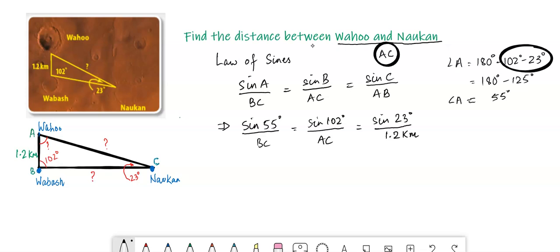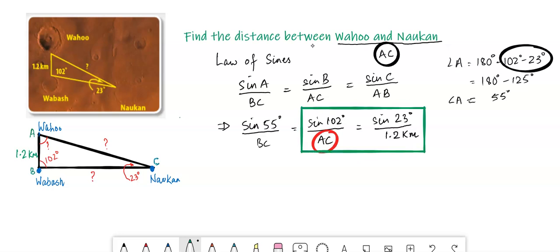Now, as you can see, we need to find the measure of AC here. Since we need to find AC, we just need to make an equation using these two fractions. That will be sine of 102 degrees over AC is equal to sine of 23 degrees over 1.2.